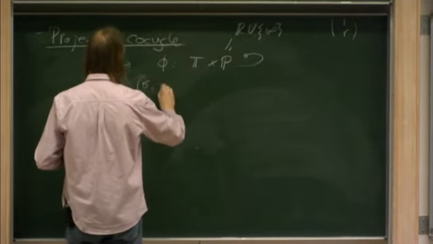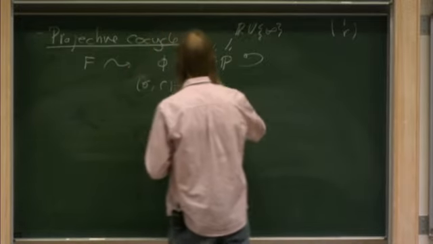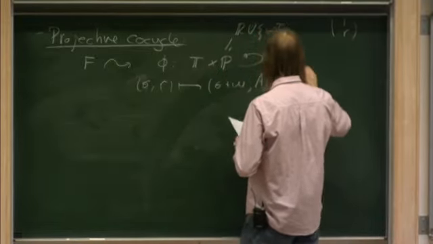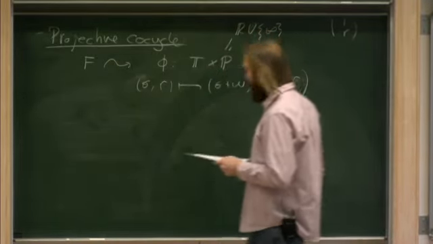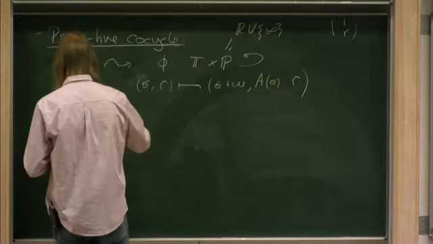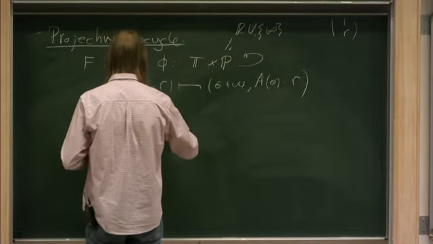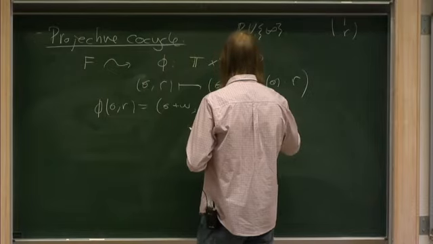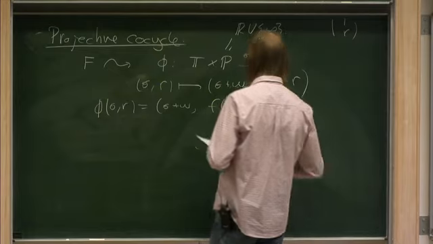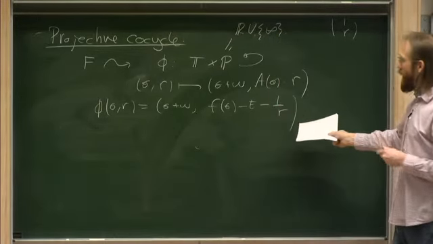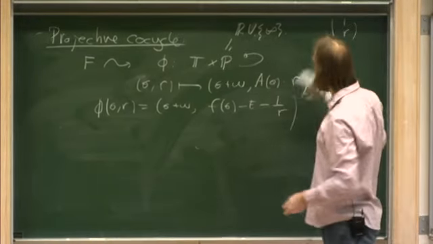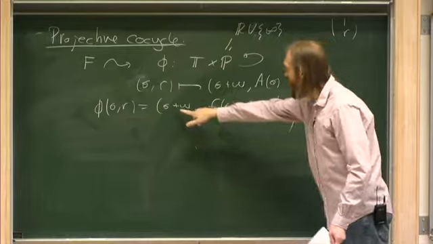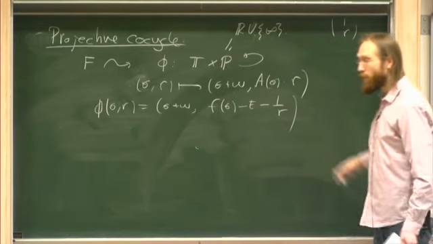So you take a theta and you take an R, and then you map it to theta plus omega, and then it acts on this R, and you get a map which is just phi of theta, R is theta plus omega, f of theta minus e minus 1 over r. So this is how the map F acts on the projective space. So you take R, which you think of as a vector like that, you get a new vector.